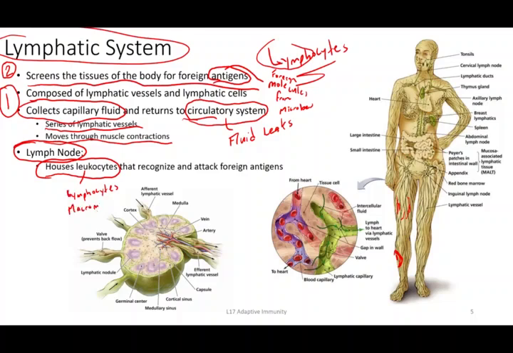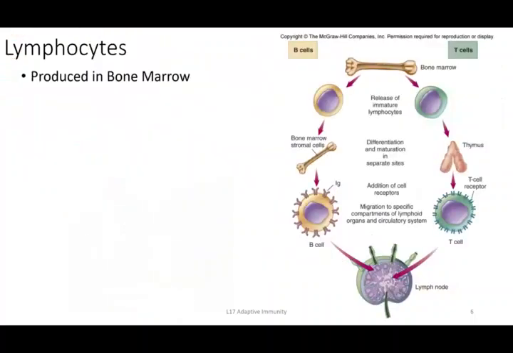We can also have macrophages present there as well. And so that's what these lymph nodes are doing. They have these leukocytes present that are going to be looking for, recognizing, and attacking those foreign microorganisms in a way to help protect us. So that's a short version of the lymphatic system.